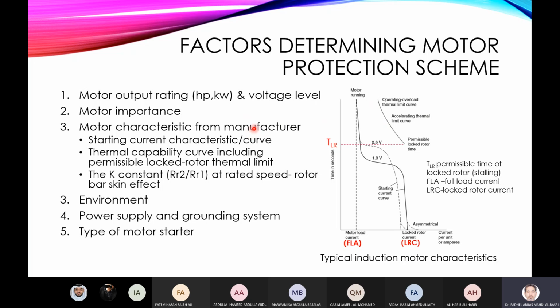Now, what are the factors that we need to know in order to determine the protection settings for a motor?